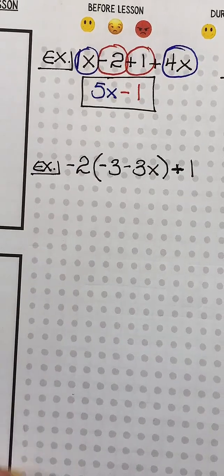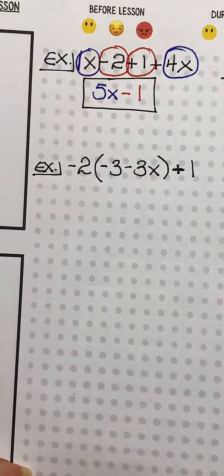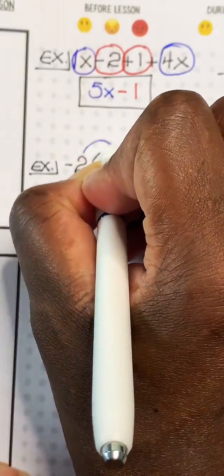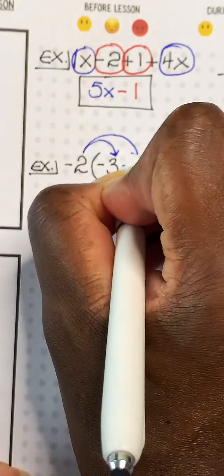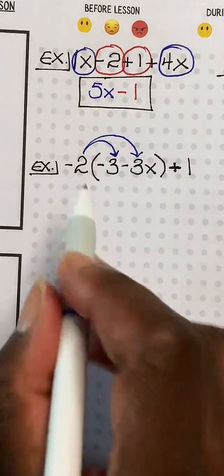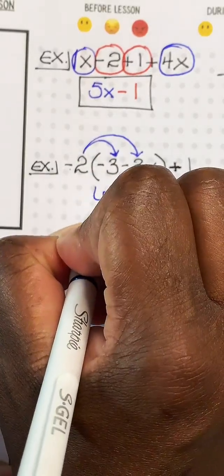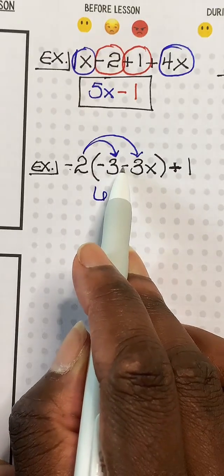All right. So, when we have to do, we are distributing. The first thing that we're going to distribute is a -2 to everything inside of the parenthesis. So a negative times a negative gives me a +6. A -2 times a -3.